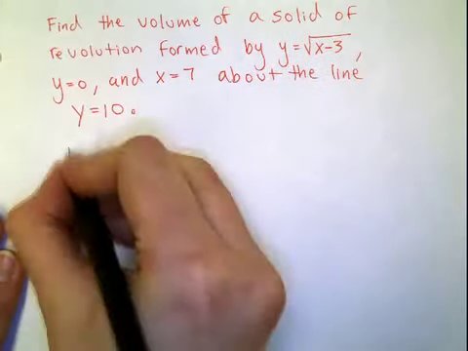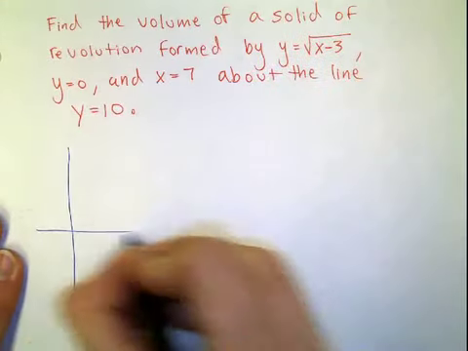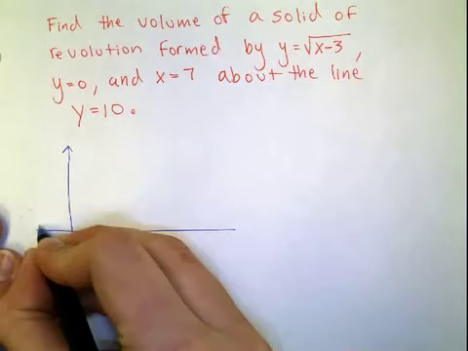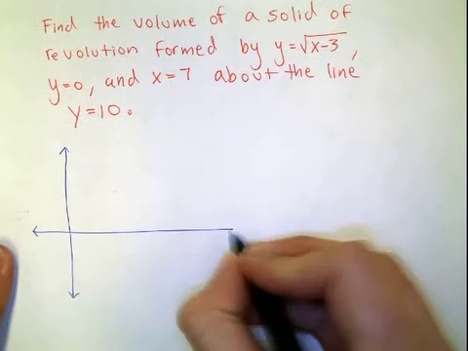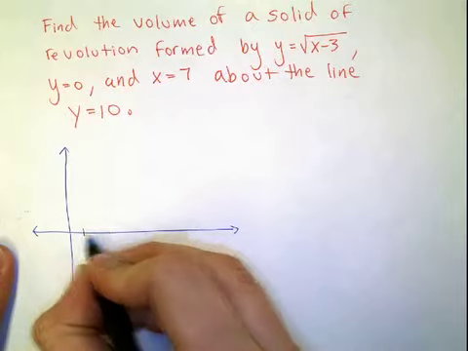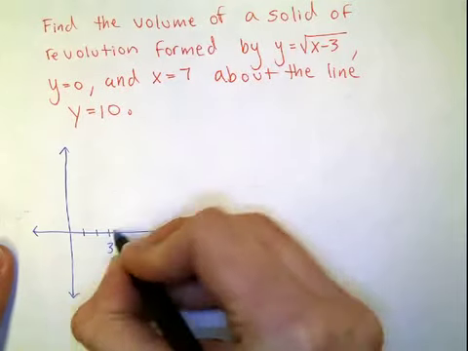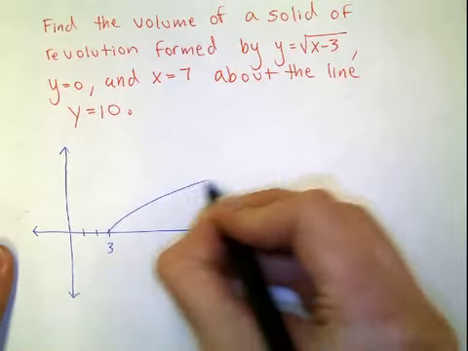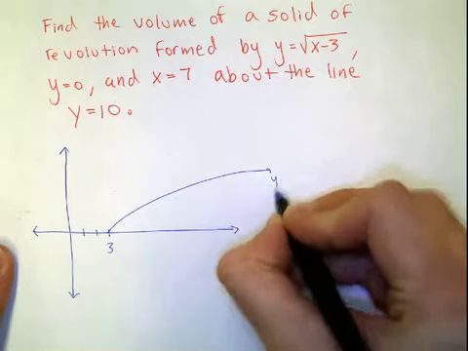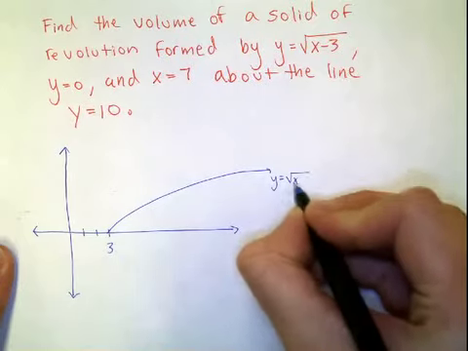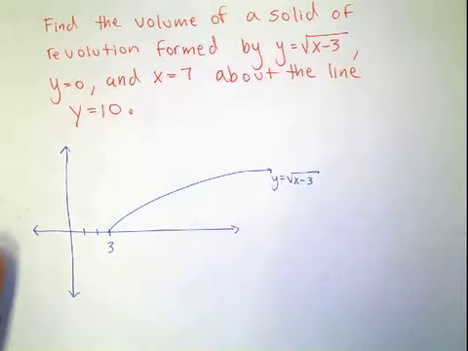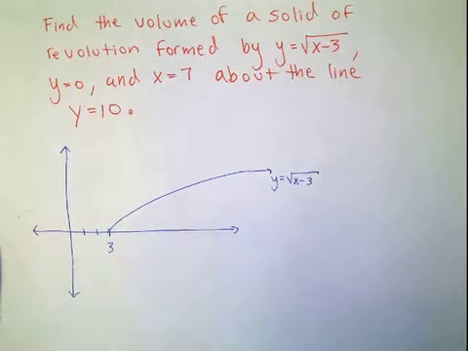I'm going to set this up as a square root function, and it's square root x minus 3. So it's shifted 1, 2, 3 to the right. So it's looking something like this. Y equals radical x minus 3. And it's bounded by y equals 0, which is the axis here.